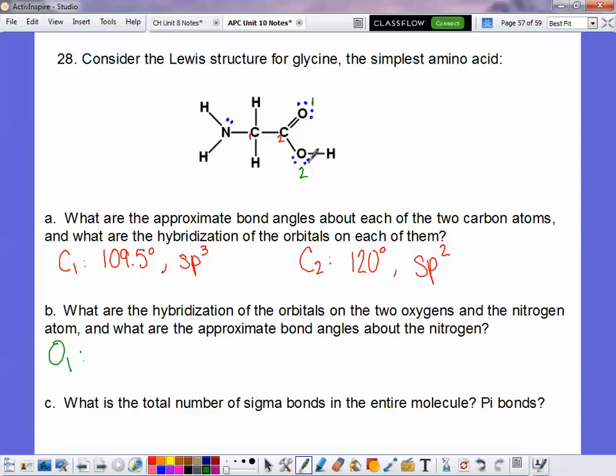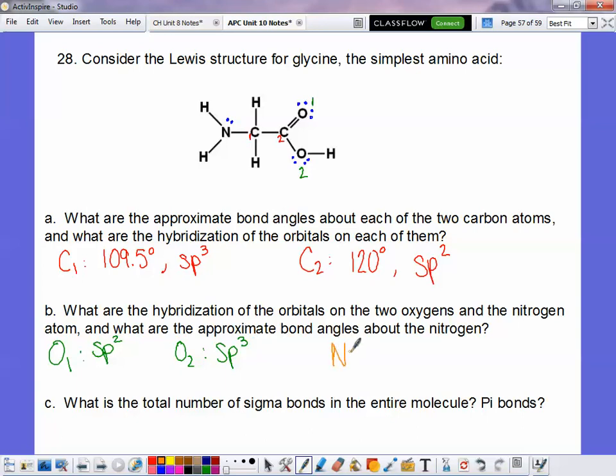So that oxygen is going through sp2 hybridization because 3 things around it means you make an sp2 hybridization. Oxygen number 2 has 1, 2, 3, 4 areas of electron density around it, which makes it sp3.